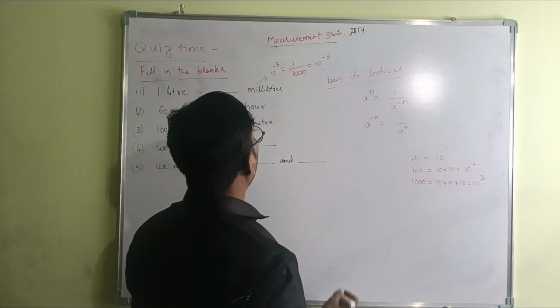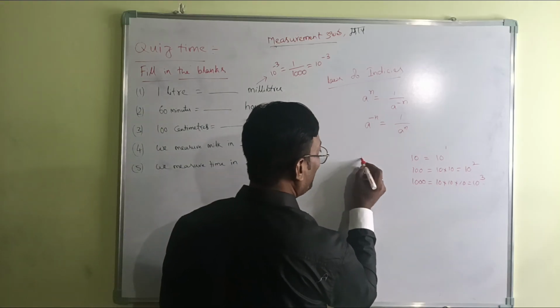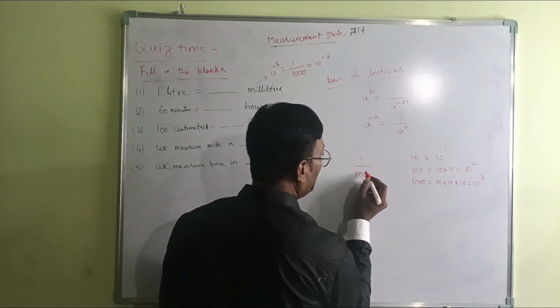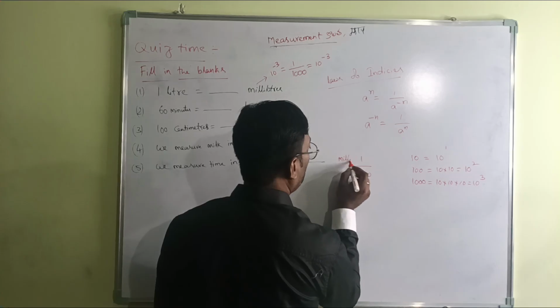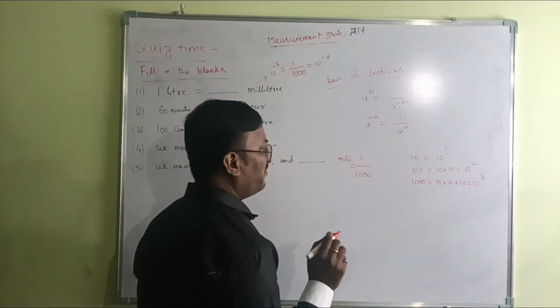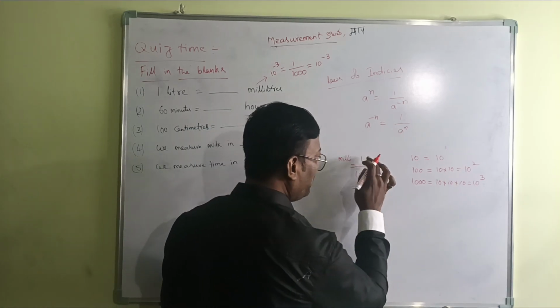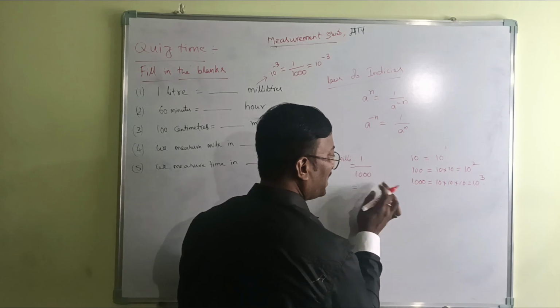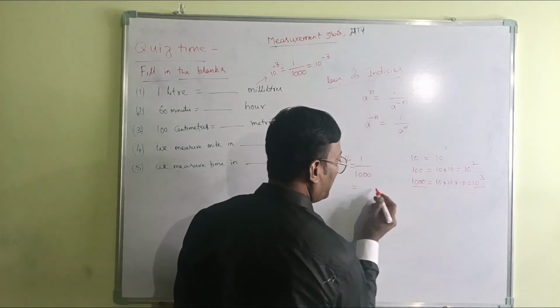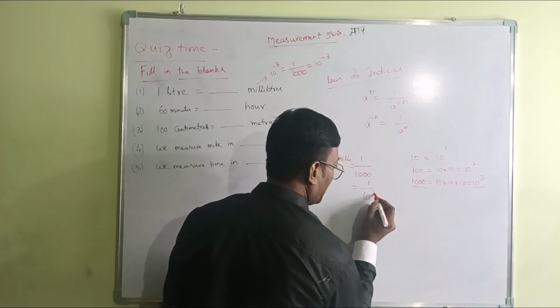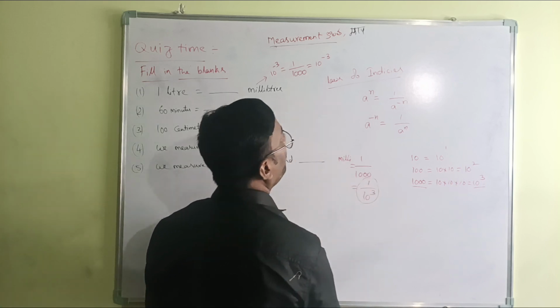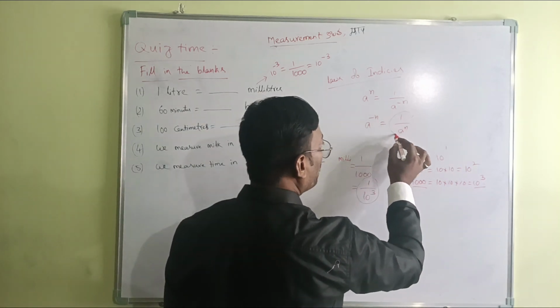So here milli means 1 by 1000. Milli is equal to, milli का मतलब क्या है? 1 divided by 1000. 1 divided by 1000 को we can write it as 1 by 10 to the power of 3. This is of the form 1 by a to the power of n.